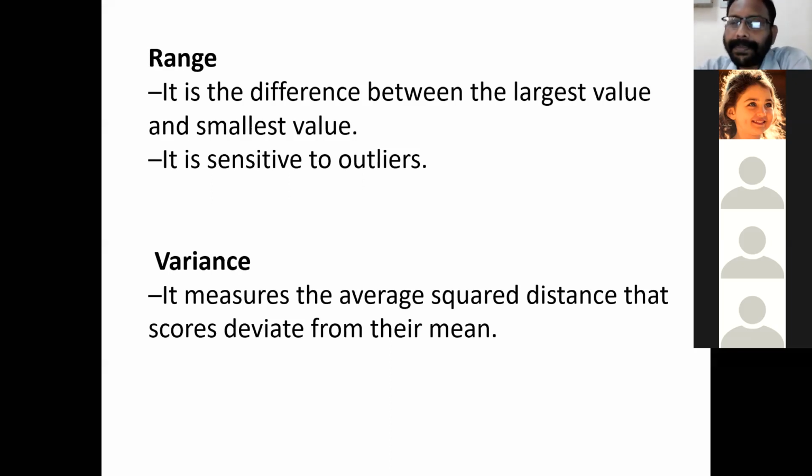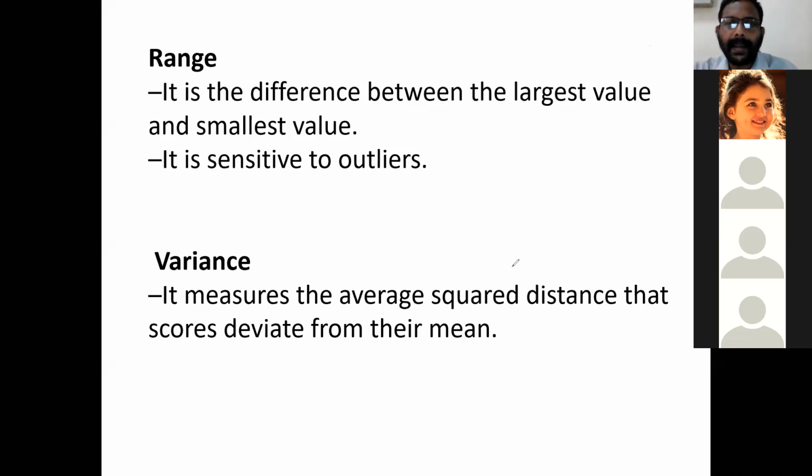We will see for a data set what is meant by the variance, right? So the variance is defined as: it measures the average squared distance that scores deviate from their mean, right? We will come to that in detail.